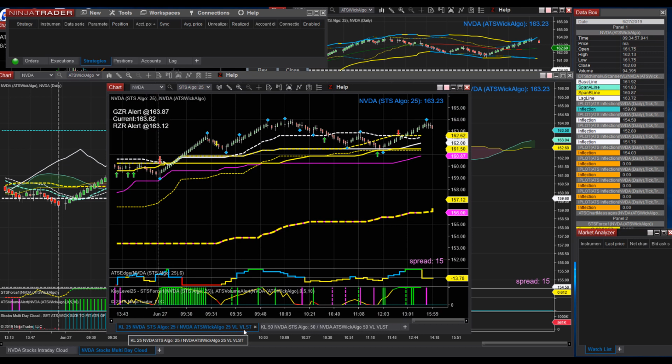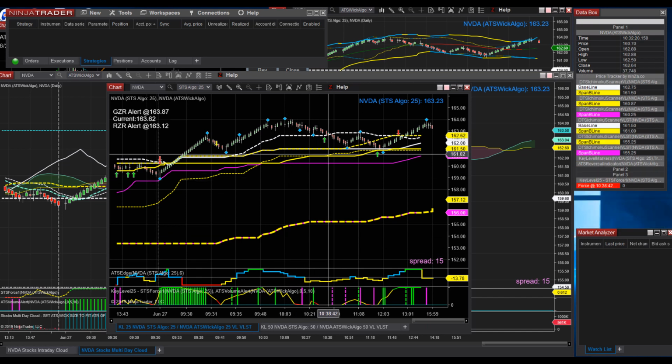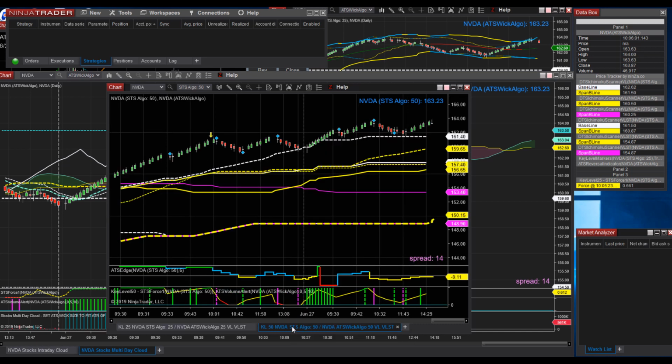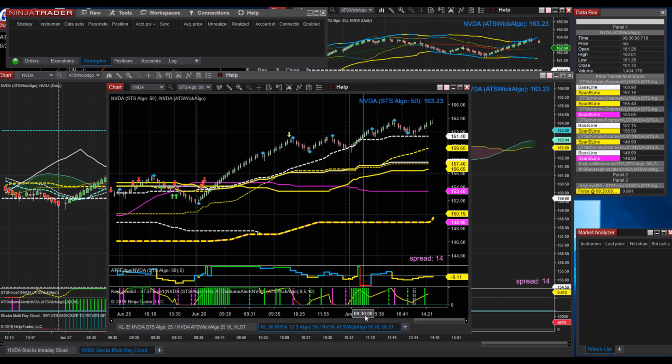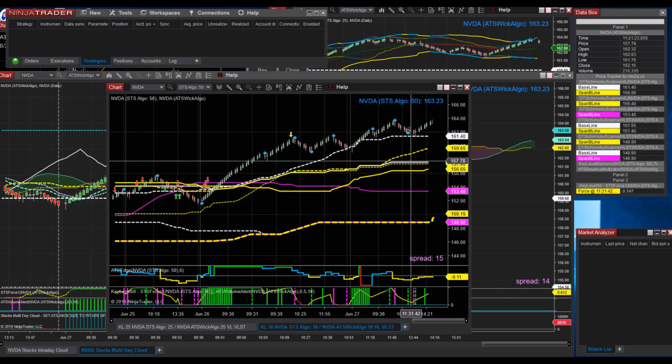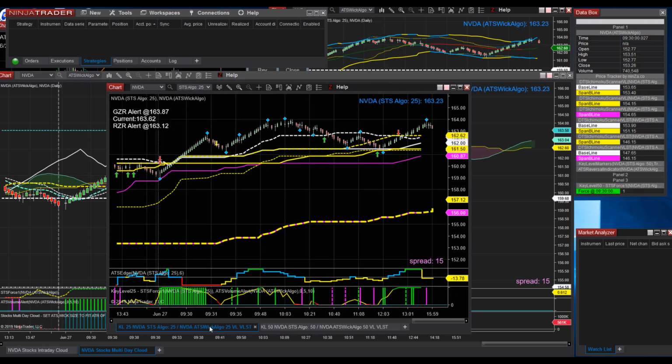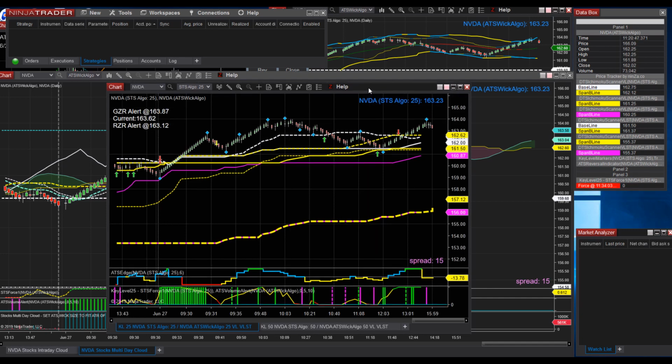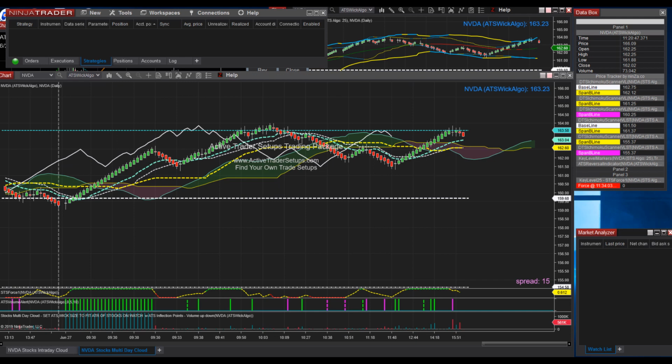It puts the VL and the VLST plots on one chart, so that at a glance you can see the key cloud levels, the yellow dotted line and the pink lines, and then you can go over here to this one set to 50 input algo and see an even bigger trend chart at a glance where the lines are. Now, it doesn't give you the benefit of the entire cloud, but it gives you a quick reference of taking another look. We're going to look at that in more detail on a video in a minute. But this is also another look.